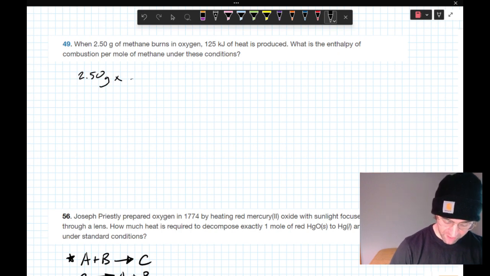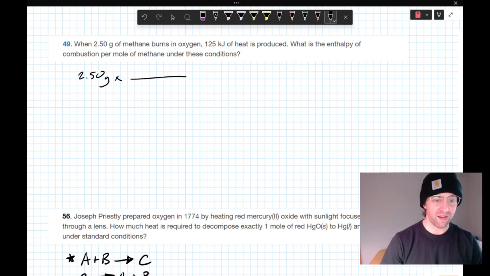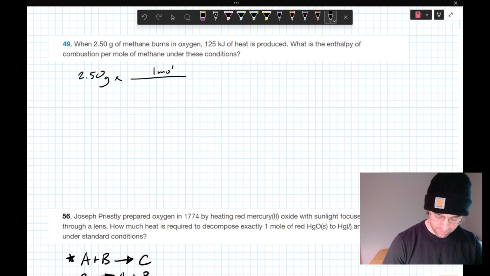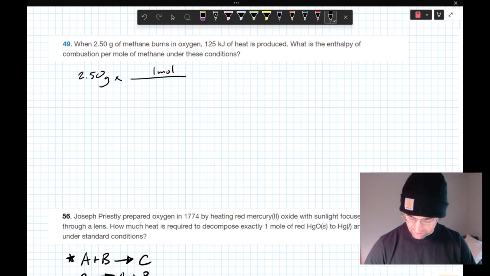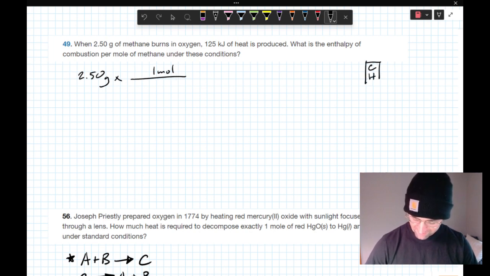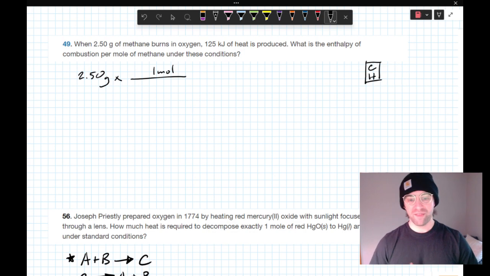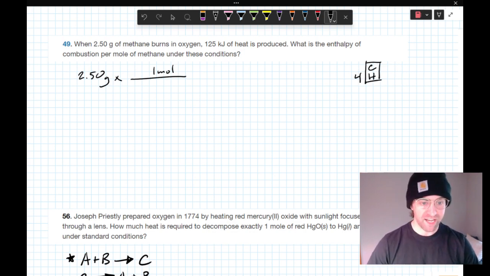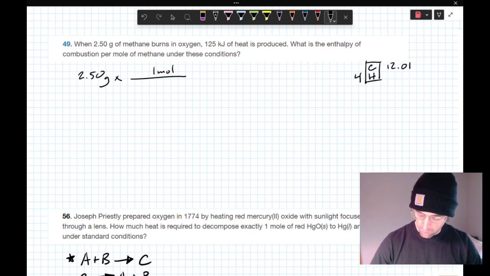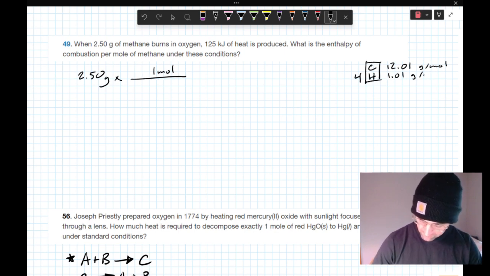So first we need to figure out how many moles of methane we have. And to do that, we need to know the molar mass of methane. Methane is one carbon with four hydrogens attached to it. Molar mass of carbon is 12.01 grams per mole. Hydrogen is 1.01 grams per mole.